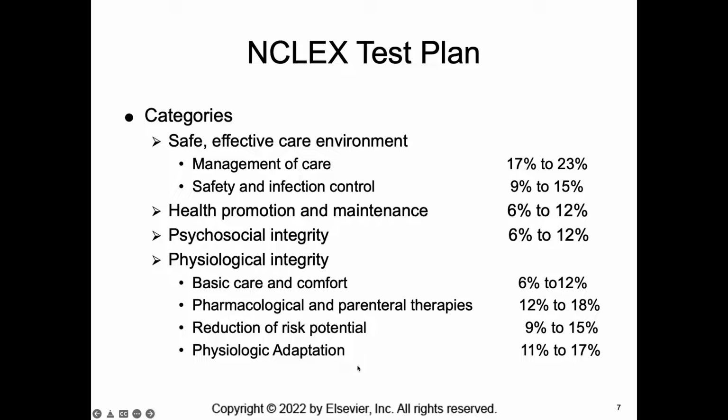So as you're taking NCLEX style questions, be sure to read the rationale for each one, so that you can understand management of care, safety and infection control, health promotion and maintenance. So each one of these.